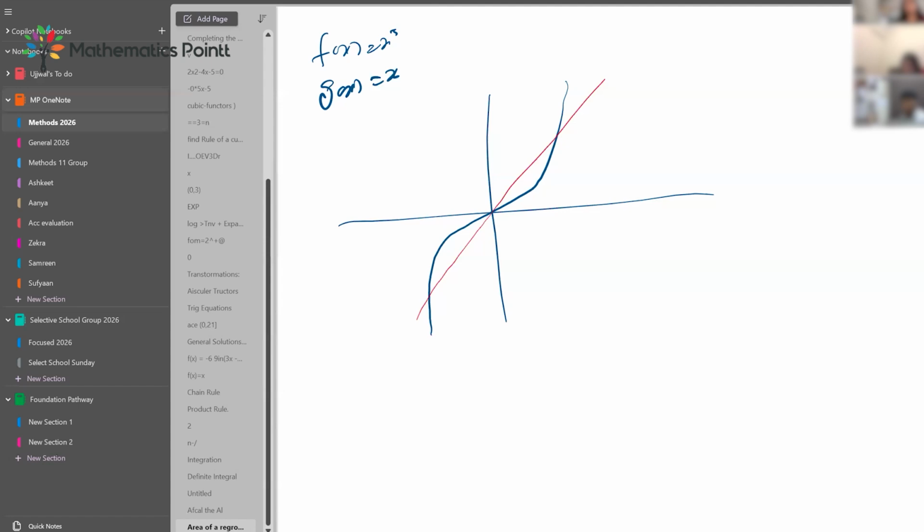Now, if I'm asked to find the area between these two curves, how will I find it? This is x, this is y. I have to find this point and this point first. For this area, I need to find x1, and I know this is 0, and I need to find x2. So I need to find from x1 to 0.